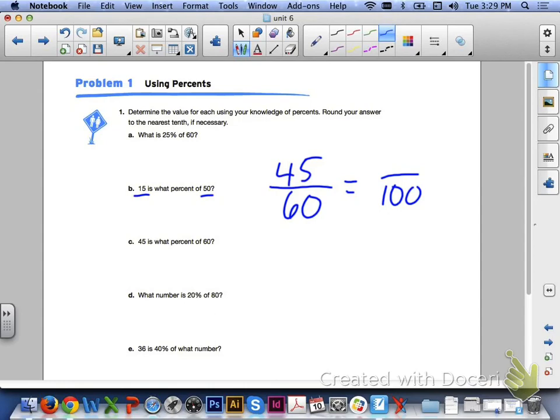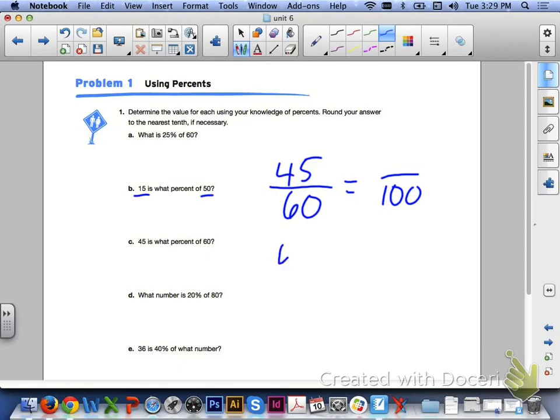But I can simplify. So if I look at those two numbers, I know they're both divisible by 5 because one ends in a 5 and one ends in a 0. If I look more closely, I know that they're both divisible by 15.